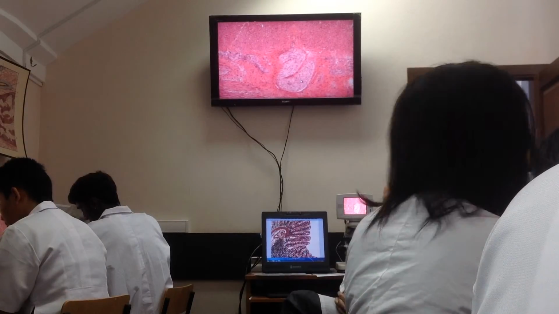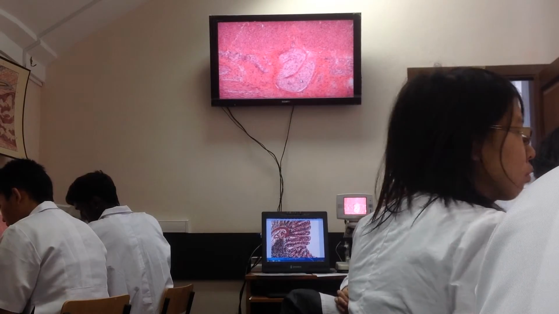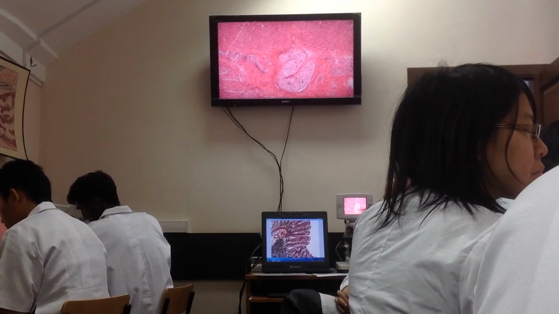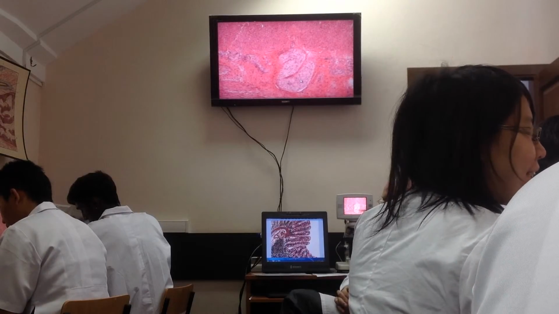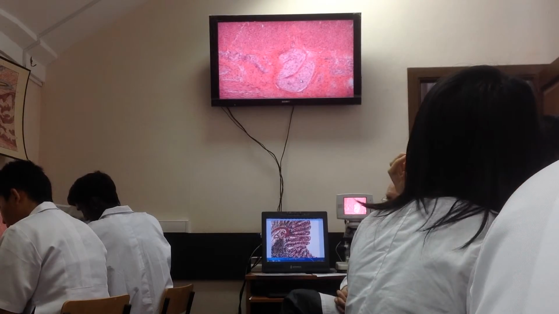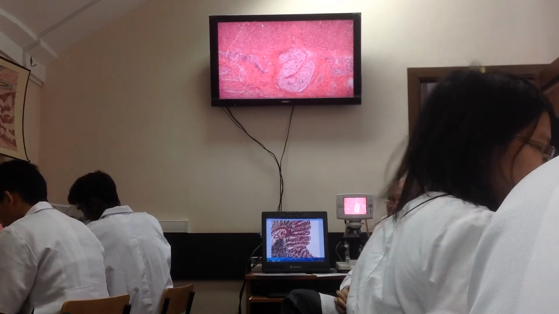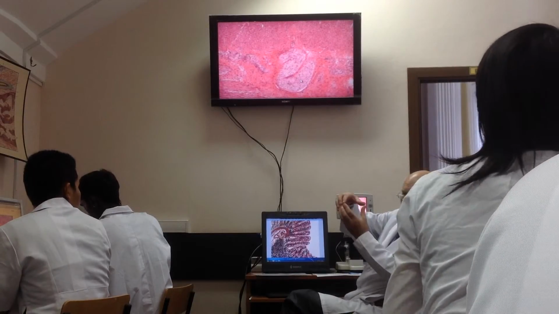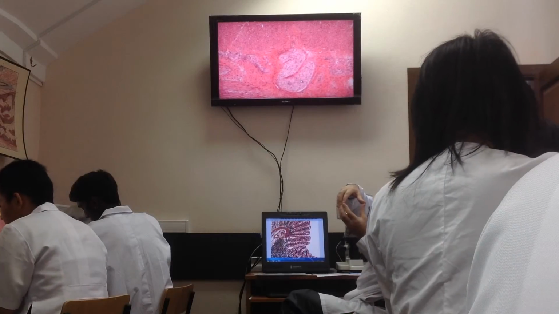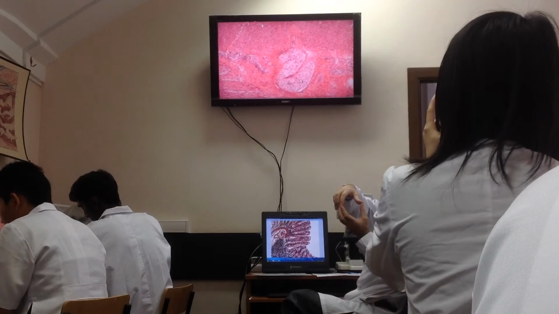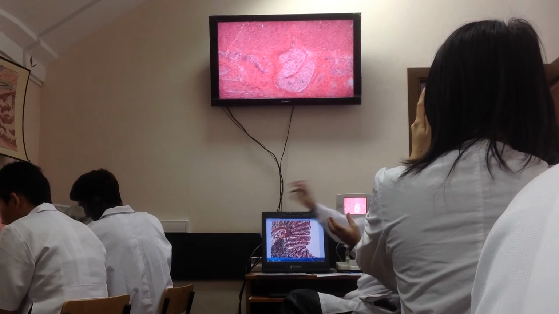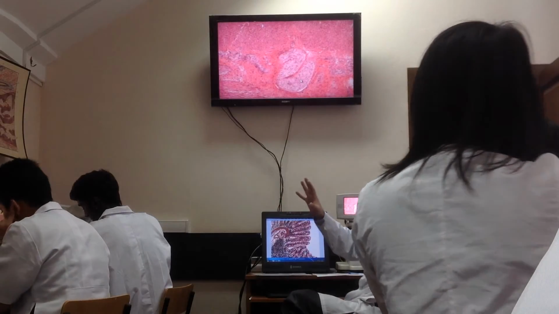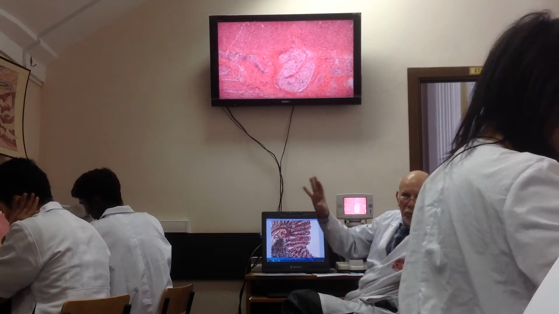Now look, and this structure, what is this? It's a peripheral nerve. Fascicle or bundle of nervous fibers. Ganglia are neurons, cell bodies.